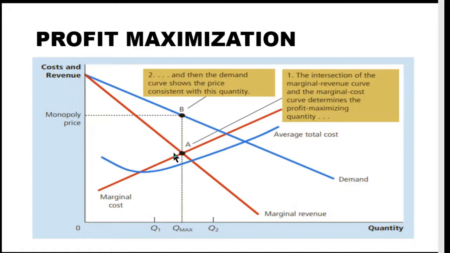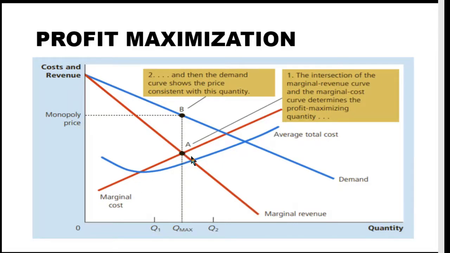This is the marginal cost curve, it's going up, and then you have here the marginal revenue. As explained earlier, the marginal revenue is less than the price, or the demand. As you can see here, there's an intersection between the marginal cost and the marginal revenue.